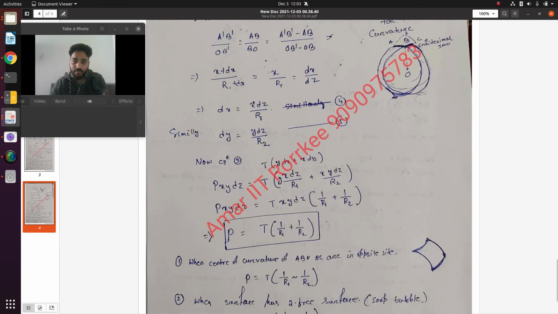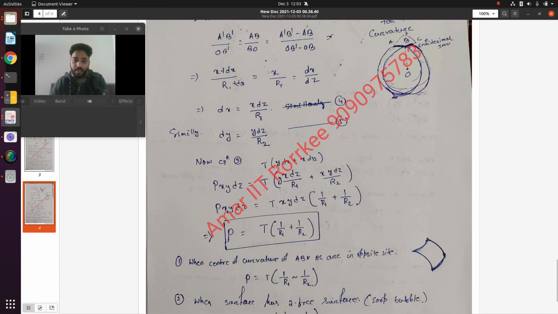In place of dx we put the value x dz by r1, plus x dy. What is the value of dy? The y dz by r2.